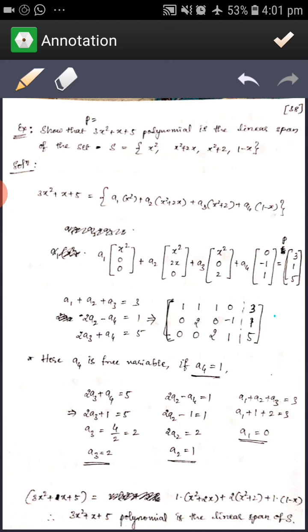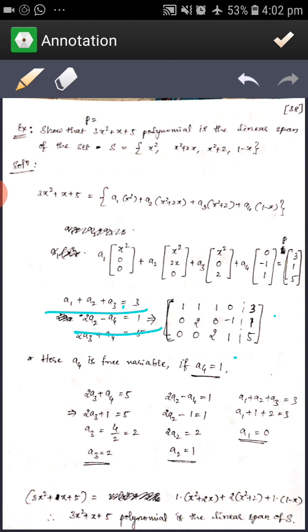Okay, one more row operation is pending probably. A4 is a free variable because, if you see the terms here, the first one is A1, A2, A3 equal to 3.